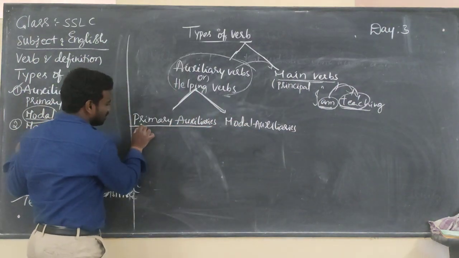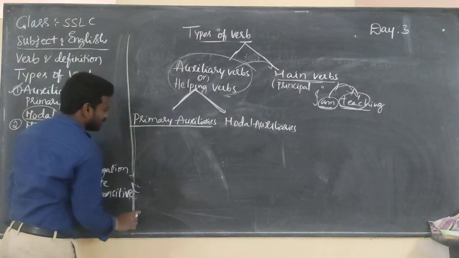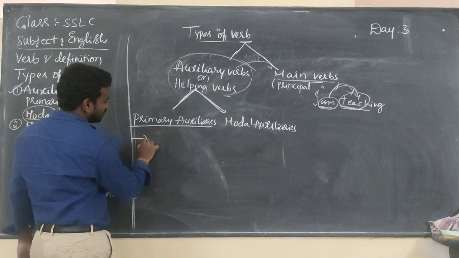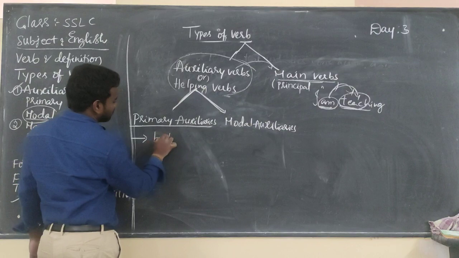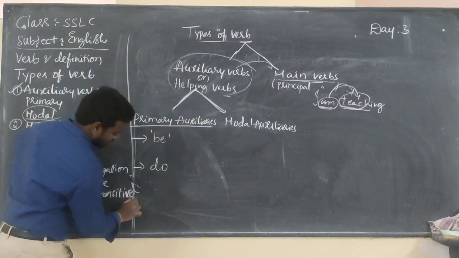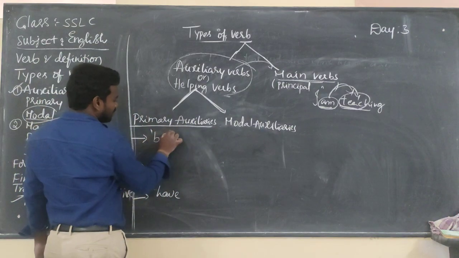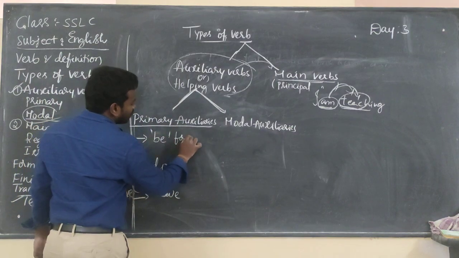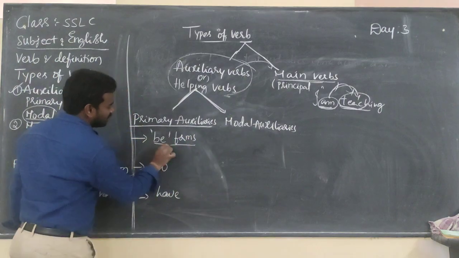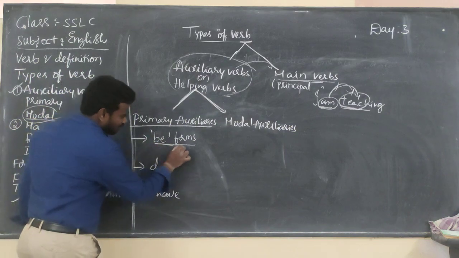What are the primary auxiliaries here? What are primary auxiliary verbs? The primary auxiliary verbs are be forms. The second one, do forms, and the third one, have forms. These be forms we can also say are to be forms.